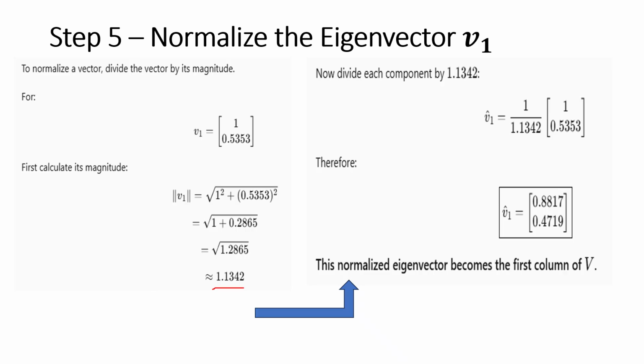Now you divide the components of v1 by this length, that is 1 should be divided by 1.1342 and 0.5353 should be divided by 1.1342. On dividing that, you will get the unit vector, or the normalized vector v1, as 0.8817 and 0.4719. So this gives you the normalized eigenvector, and this becomes the first column of V.